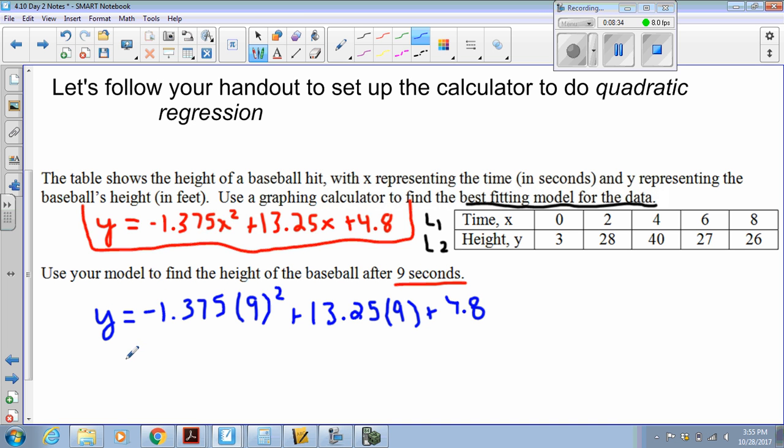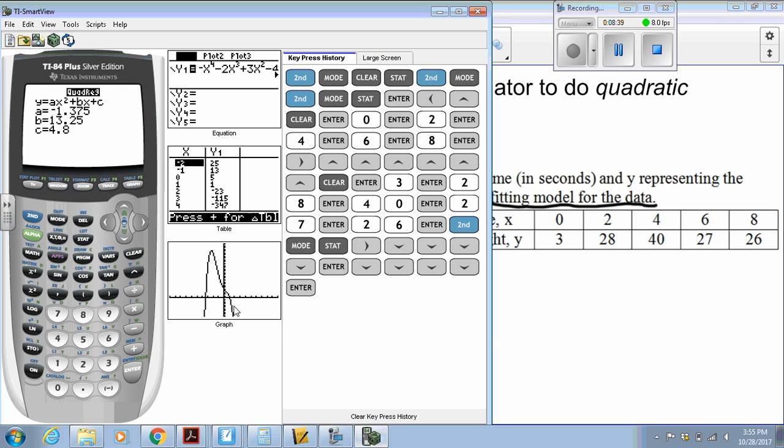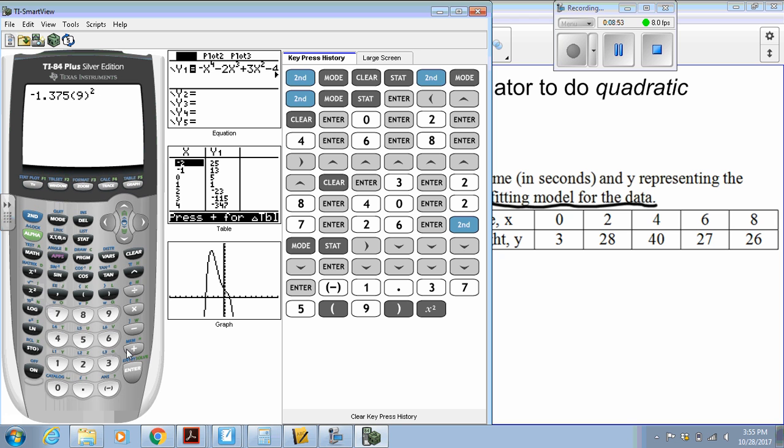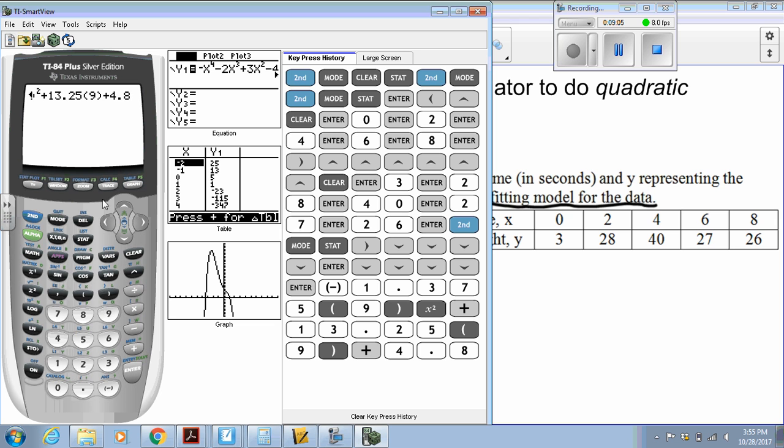So go ahead, I would just use a graph or use your calculator to plug this in. So I'm going to do that here. So we have negative 1.375, parentheses, make sure you use parentheses, 9 in the parentheses, squared. Then we had plus 13.25 times 9. Then I just added the 4.8. So I'm just basically plugging my function into the calculator.